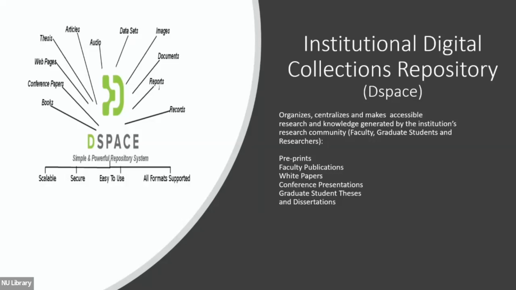So the first one is the institutional digital collections repository that some people already have. And again, just for the people that don't, what this does is it organizes, centralizes, and makes accessible research and knowledge generated by the institution's research community. And that's, as you know, that means putting up preprints, faculty publications, white papers, conference presentations.